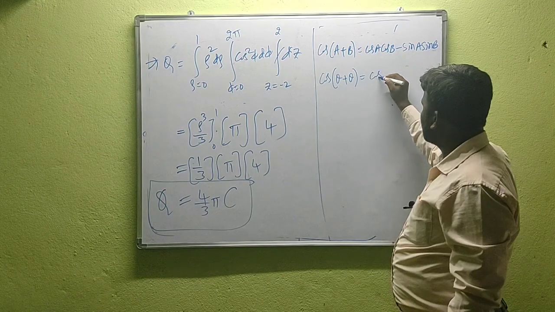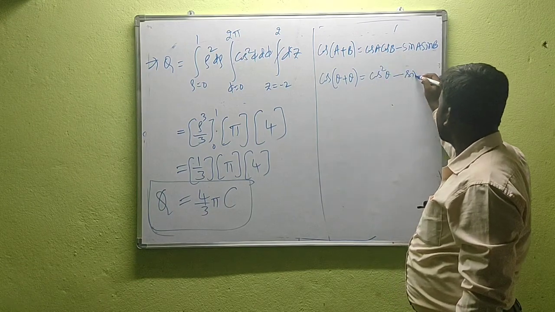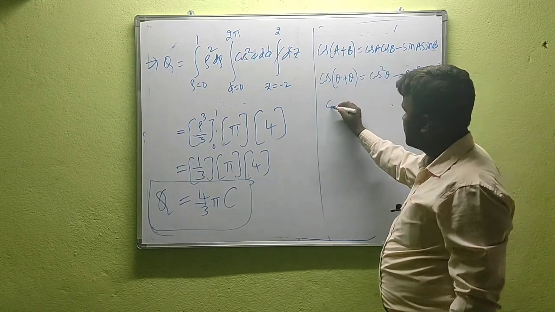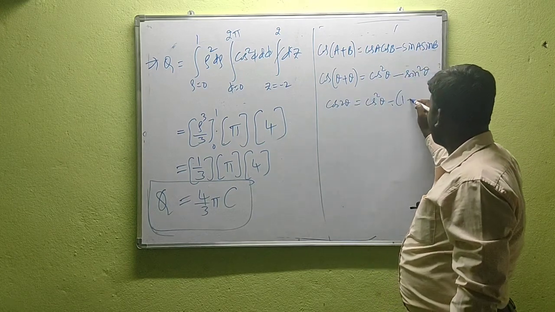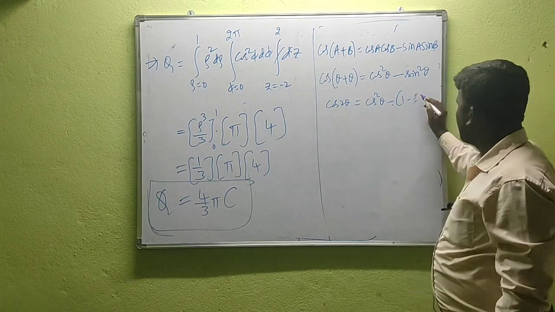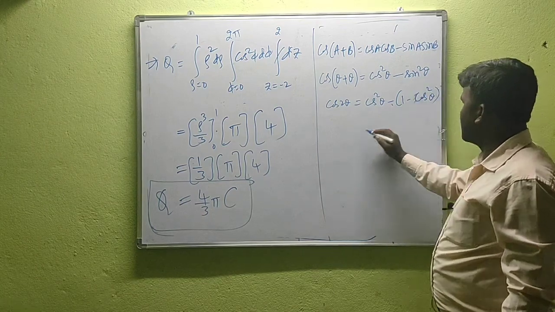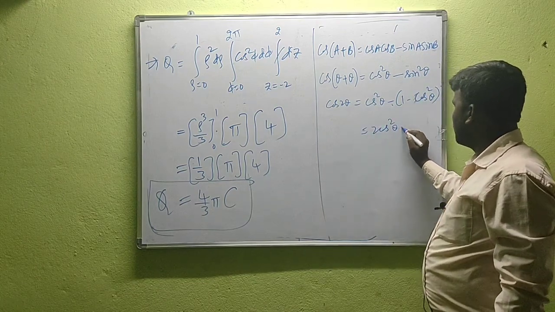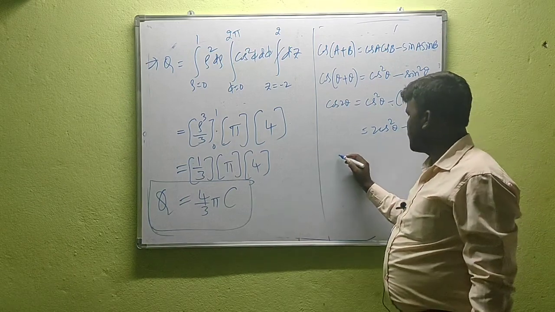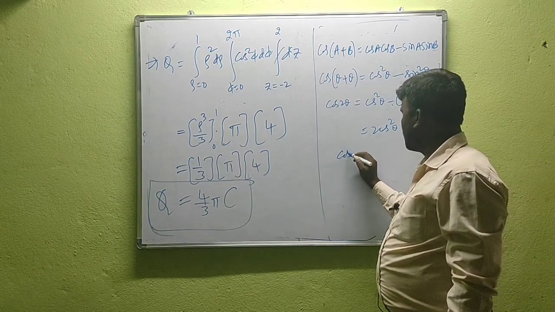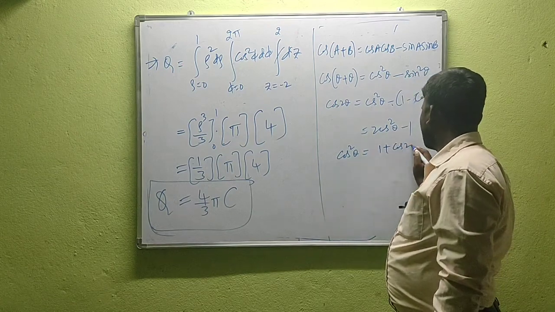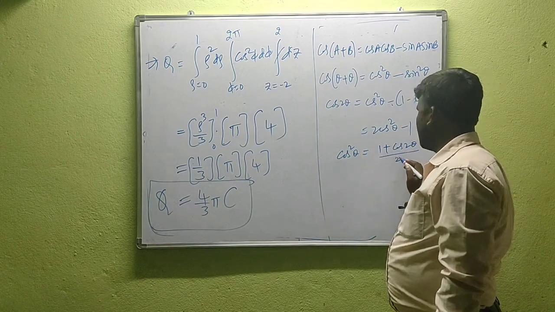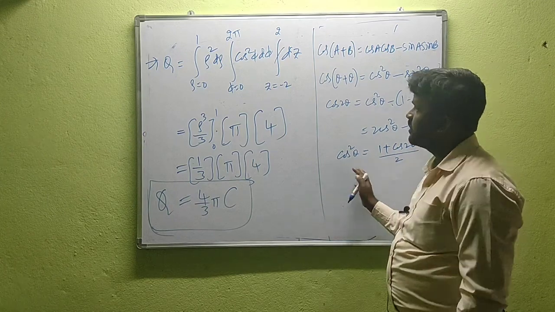That can be written as cos²θ minus sin²θ, and we can write this as cos 2θ = cos²θ - (1 - cos²θ). So this can be written as 2cos²θ - 1. That means cos²θ can be written as (1 + cos 2θ)/2. So this is cos²θ, meaning cos²φ.